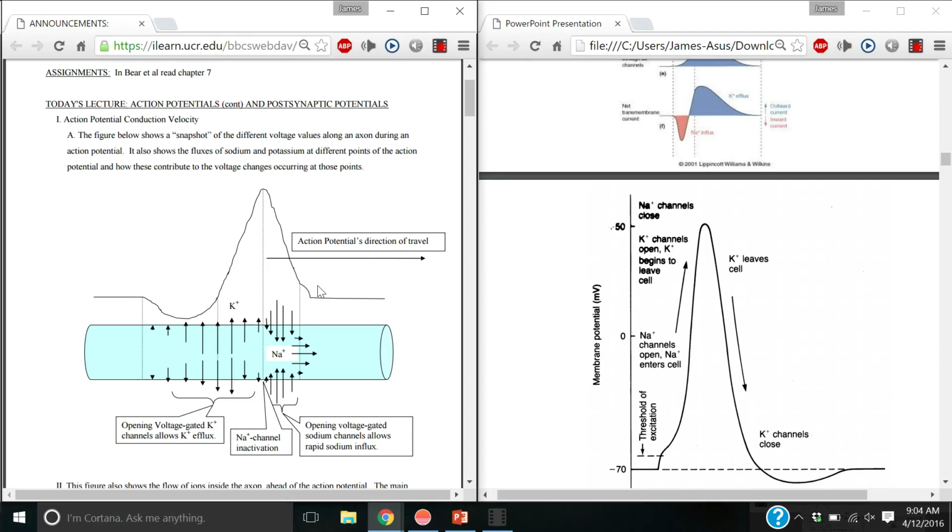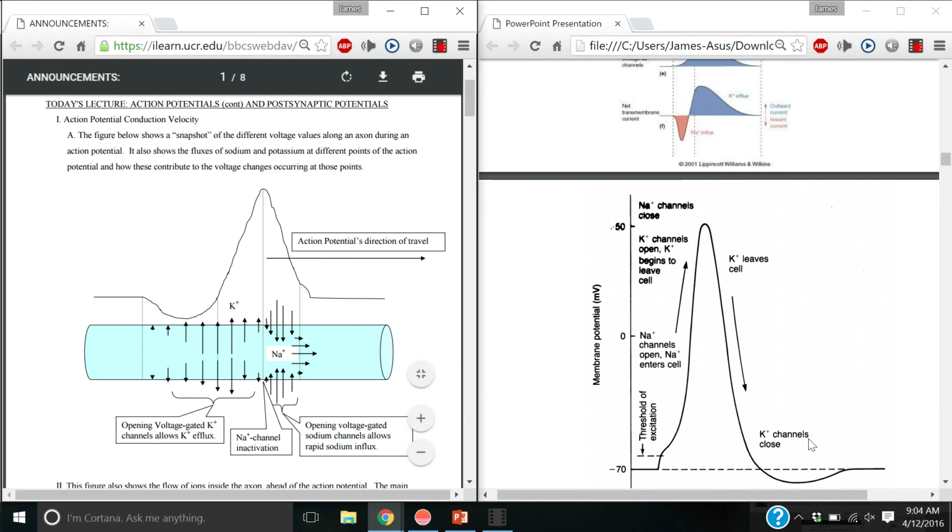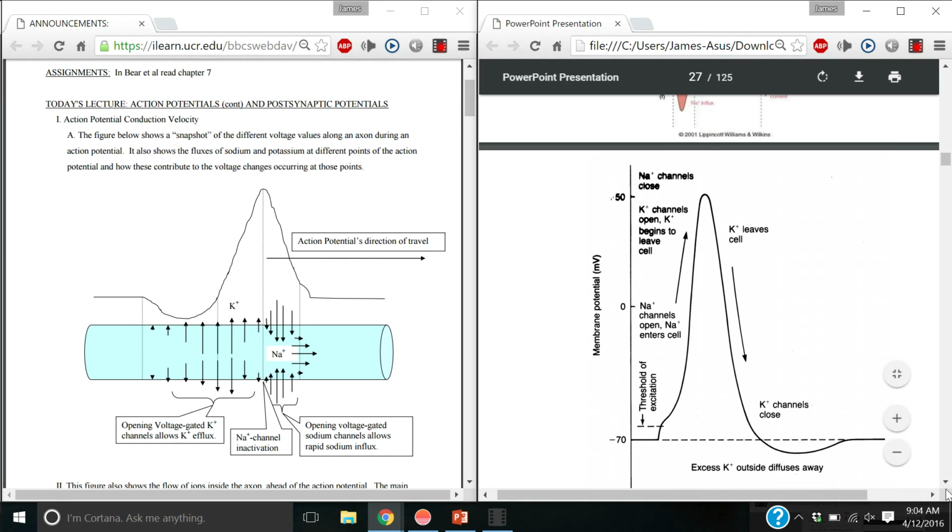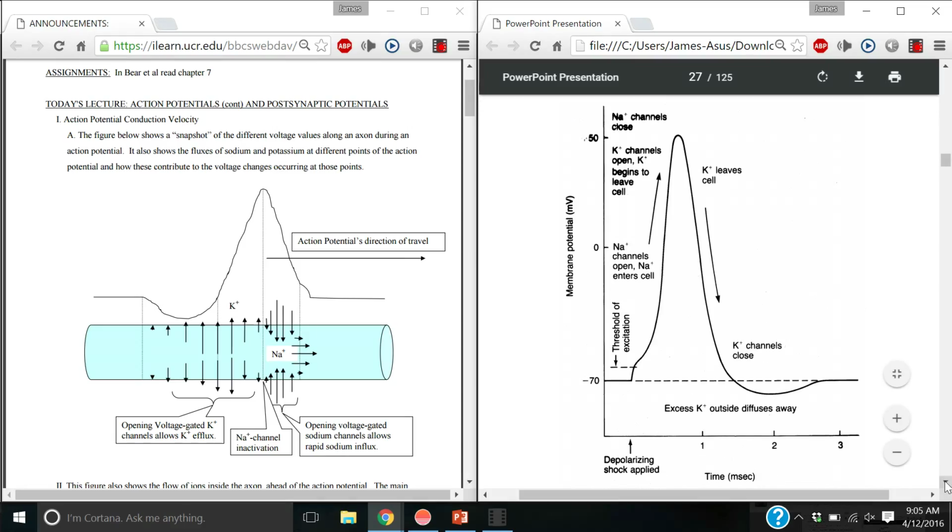Well, as I said before, that wave of depolarization is important because that's the depolarization that is opening the voltage-gated sodium channels. So the faster the voltage-gated sodium channels open ahead of this rising phase, the more sodium will flow in, more depolarization, more voltage-gated channels open, more sodium flows in, more depolarization, so on and so forth. So anything that increases the rate of this travel is going to increase conduction velocity.